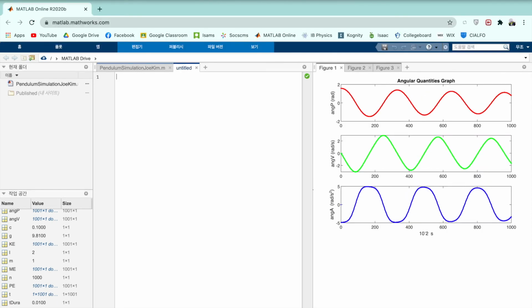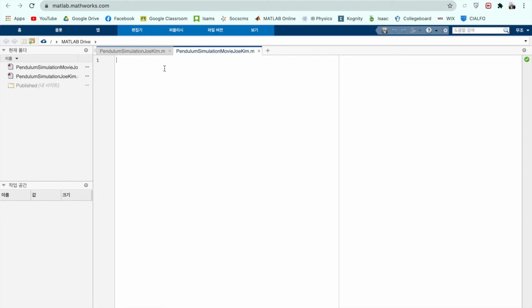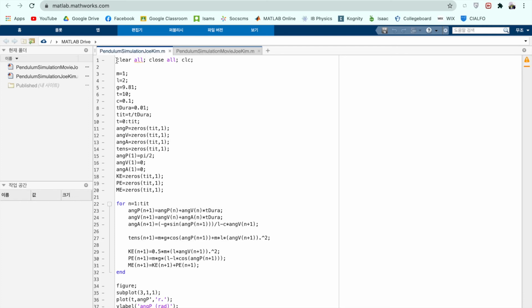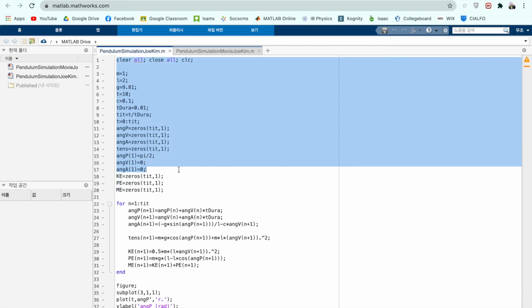Okay, so moving on to the simulation. First of all, before I code the part for the actual simulation, because I'm going to use the same variables that I used before, I'm just going to copy all of the variables.